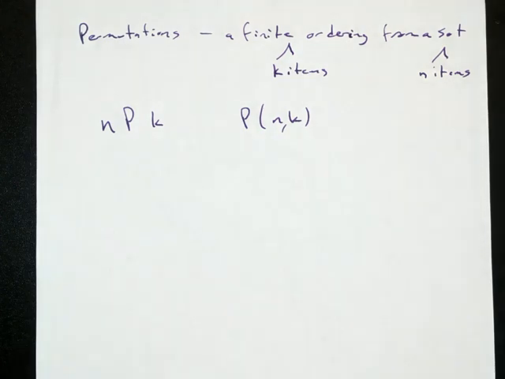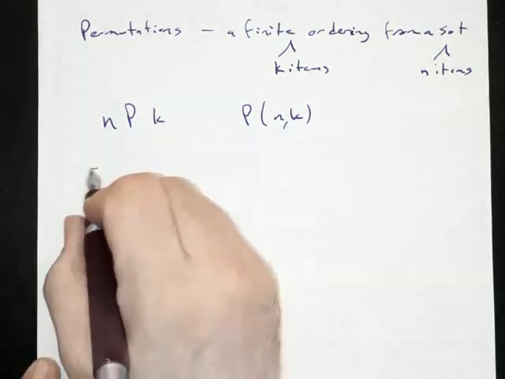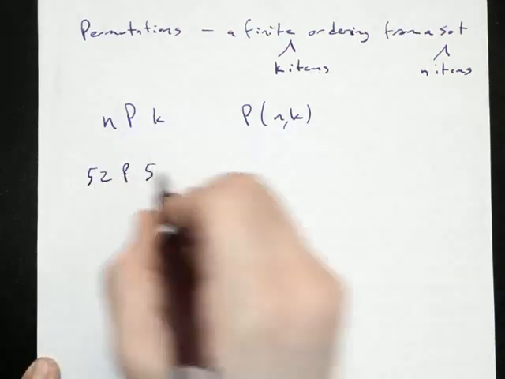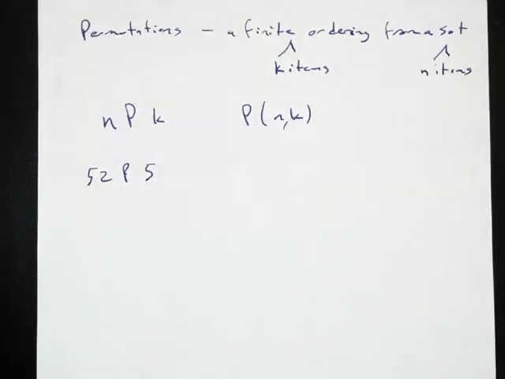So let me think about this. If I was doing 5 cards out of my deck, then I would be asking you to select 5 from 52. How many first choices do you get? How many second choices do you get? It's going down just like a factorial, isn't it?